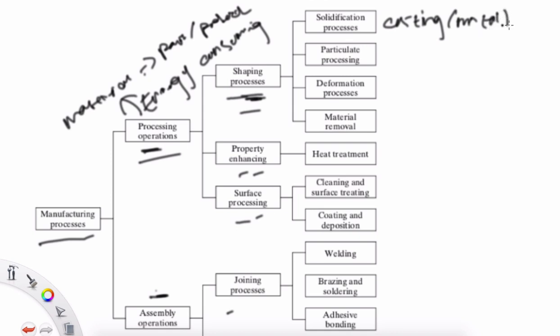Or molding for plastic or glazes. The term here refers to the metal casting process, in which the metal is melted, put in a mold, and then removed. So that is the solidification process.